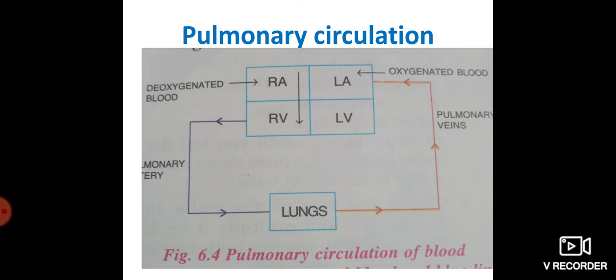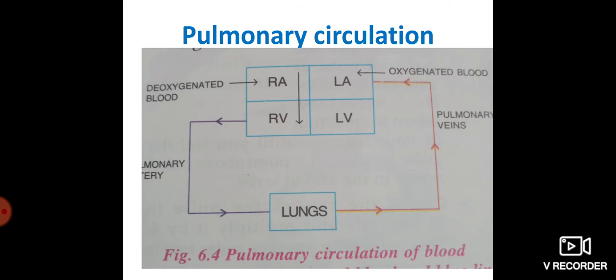From the right auricle, the deoxygenated blood flows into the right ventricle, and from the right ventricle, through the pulmonary artery, that deoxygenated blood passes into the lungs.